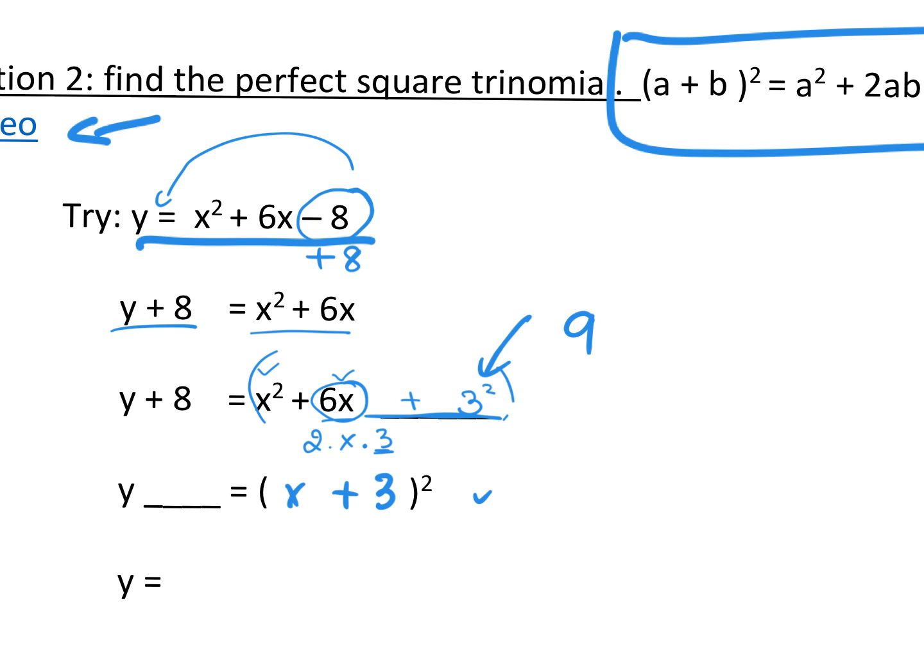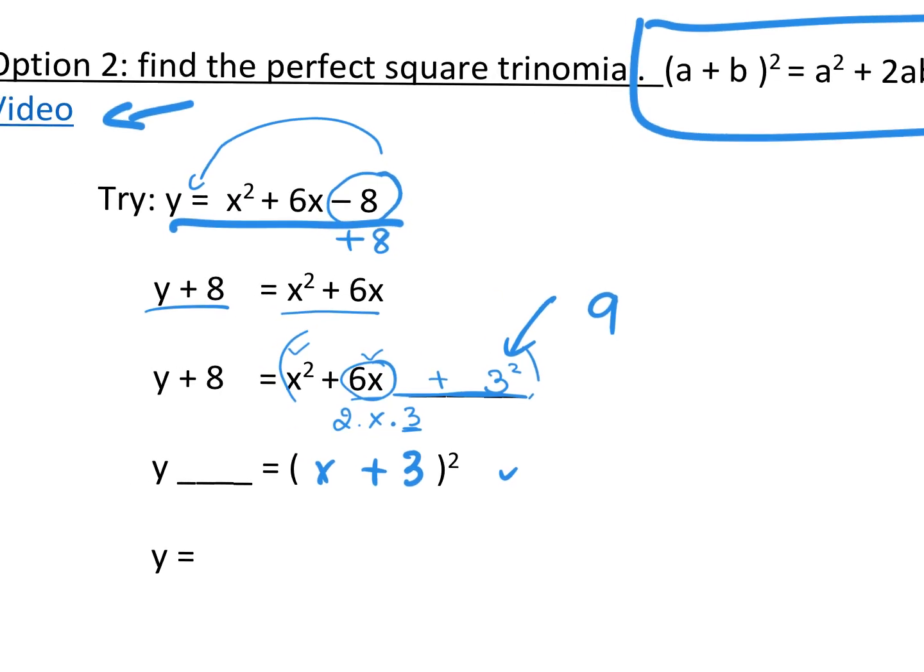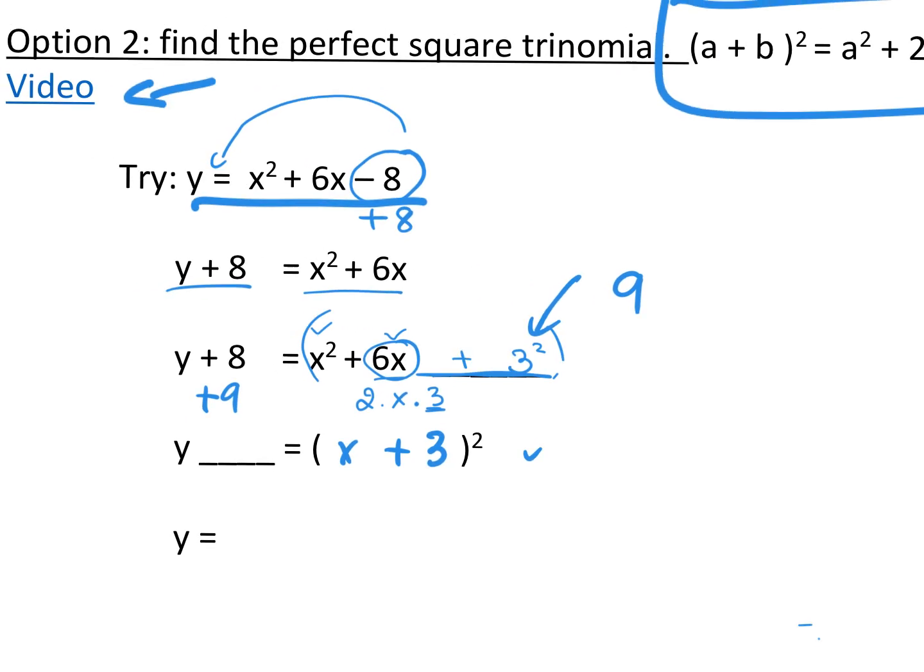Now, of course, if you borrow, you have to return, right? Because you add 9 on the right side, that means you have to add 9 on the left side, right? To make the scale even, right? So 8 plus 9, you got 17, correct?